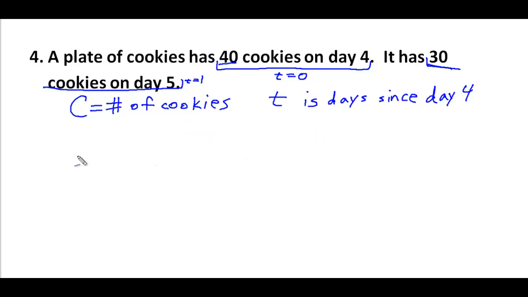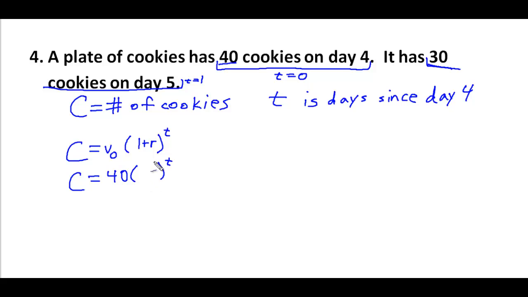Okay, so let's write our model. We know that C equals V sub 0 times (1 plus r) to the t. Well, V sub 0 is the value when t is 0, which we set t equals 0 to be day 4, 40 cookies. So C equals 40 times something to the power of t. Day 1 is 30. When t is 1, we get 30.